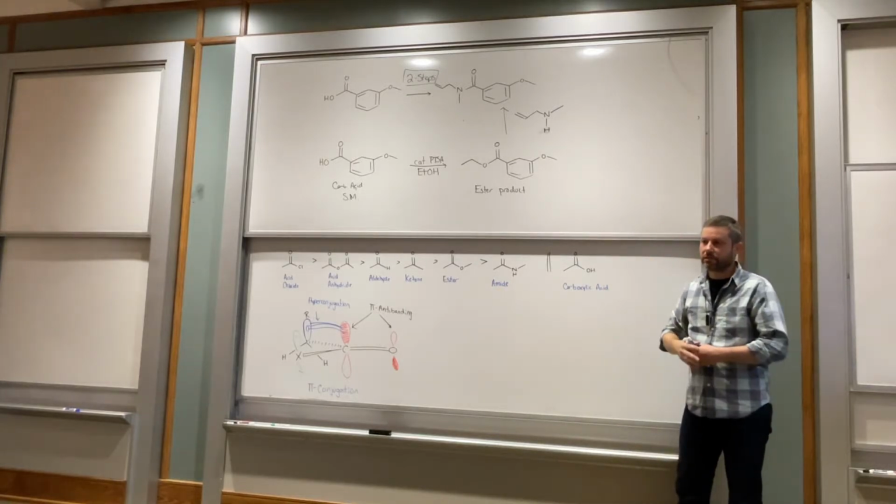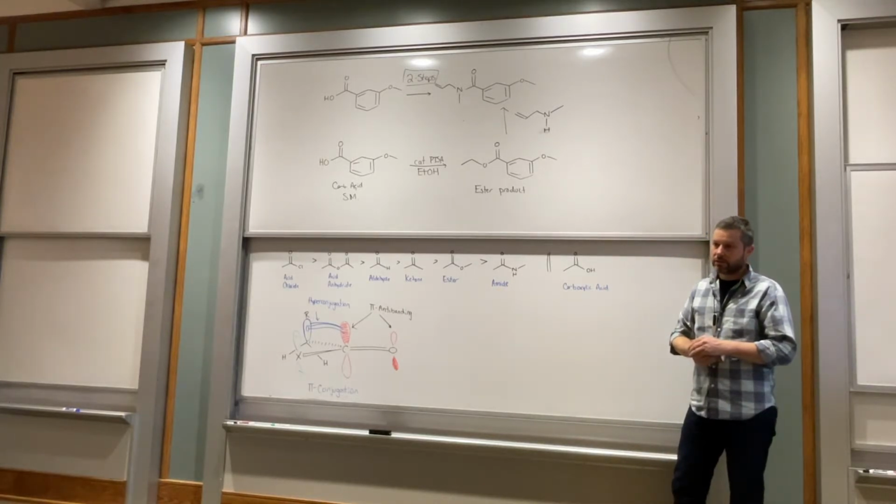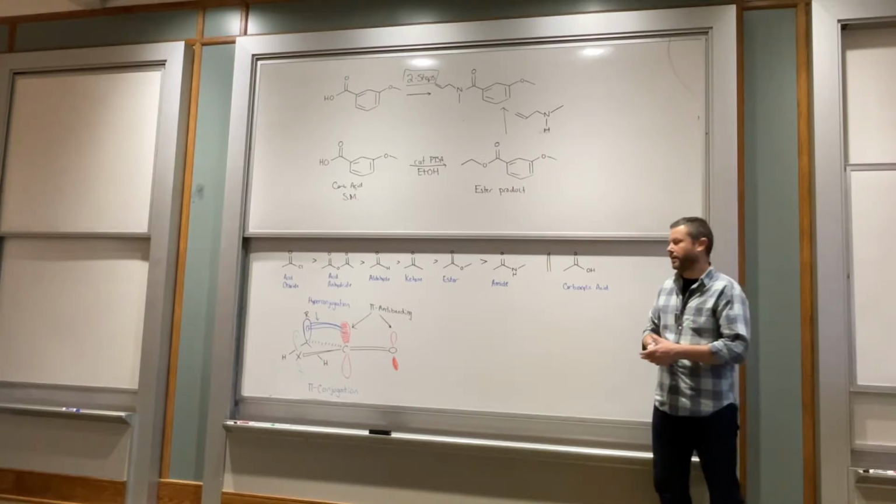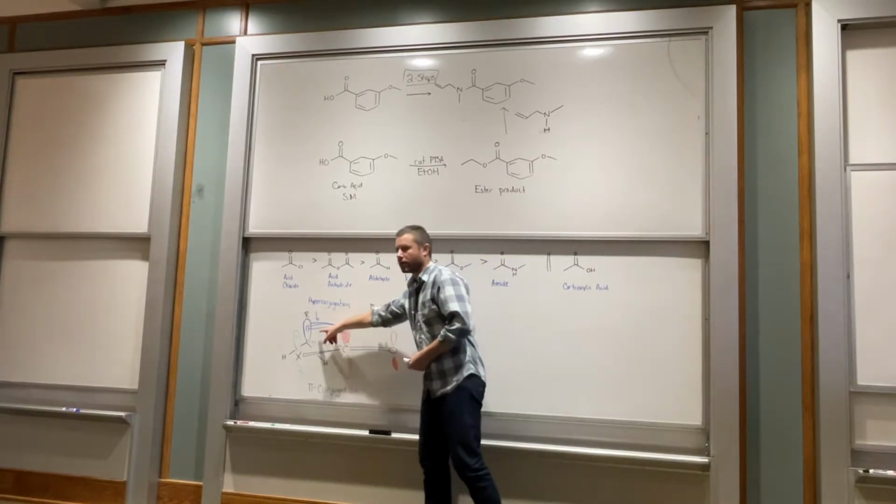So you're saying that an X group that contributes electrons to the pi system of the carbonyl group is going to be more stable. It's going to have a greater effect on the electrophilicity than just hyperconjugation.